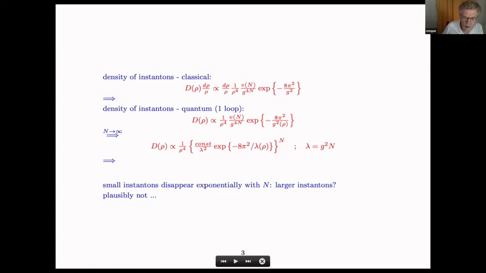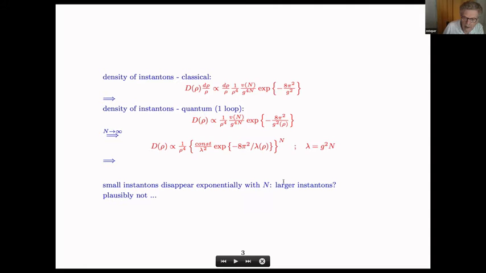So small instantons, where this formula is certainly valid, and where lambda rho will be small, so that this factor here is small, taken to the power of N, that will certainly vanish for small instantons. The question is, do you lose larger instantons?